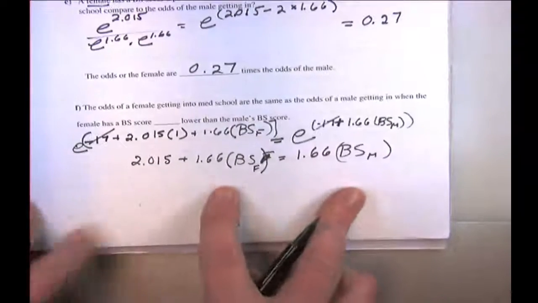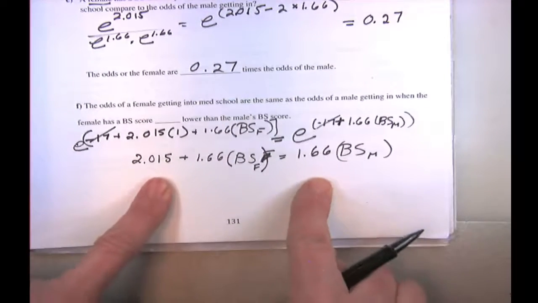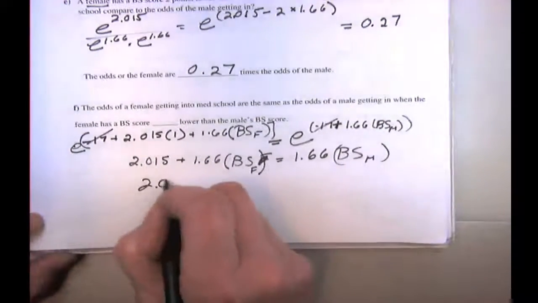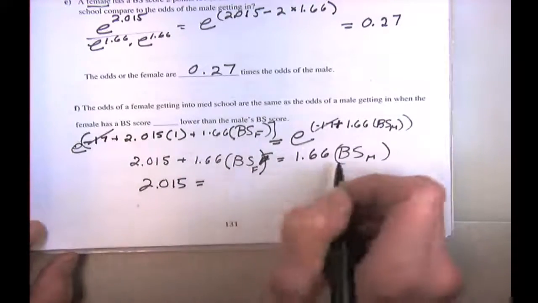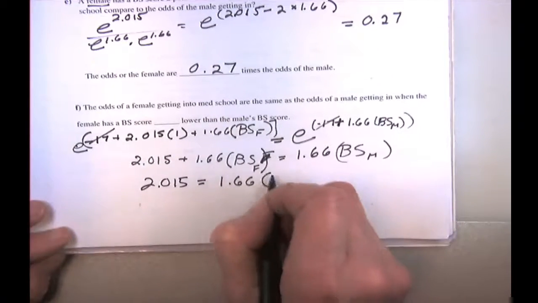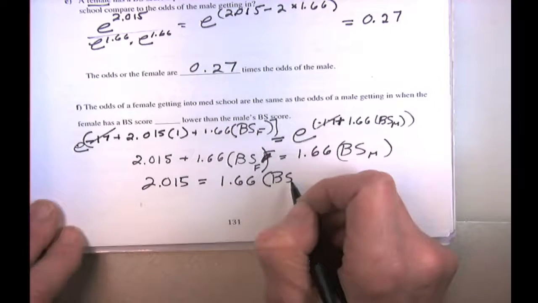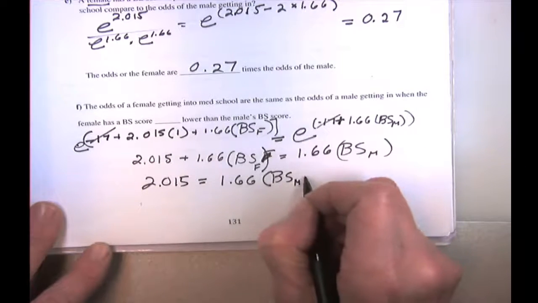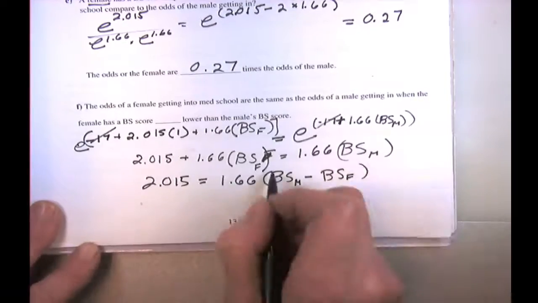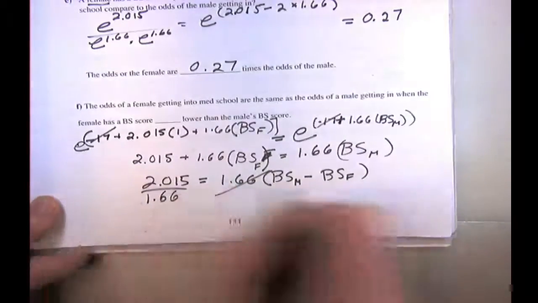All right? So when those two things are equal, we can simplify that and get 2.015 is equal to, just subtract that from both sides, 1.66 times the biological score for the male minus the biological score for the female. And that's what we saw right here.